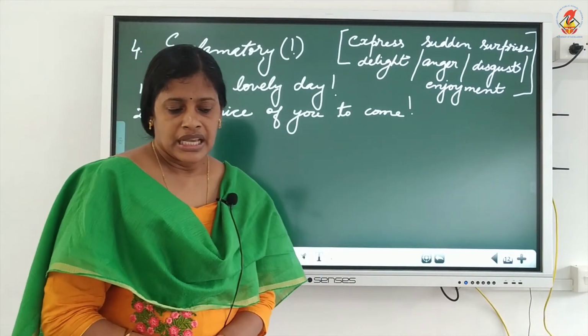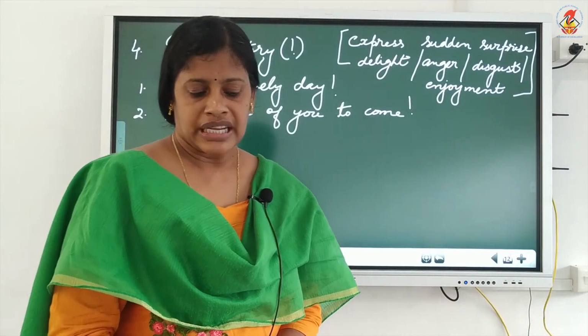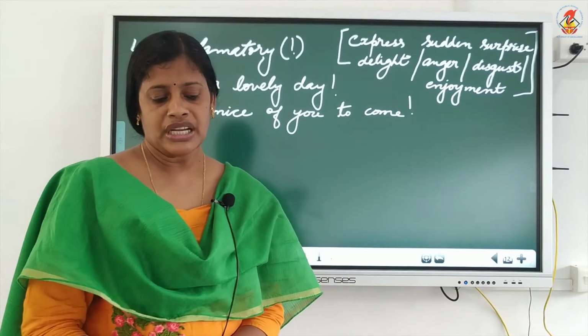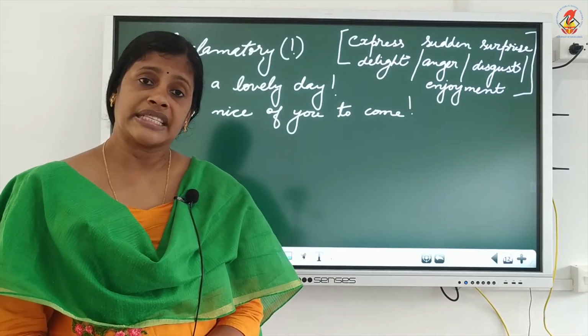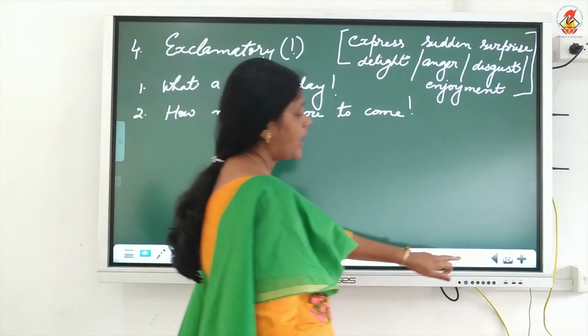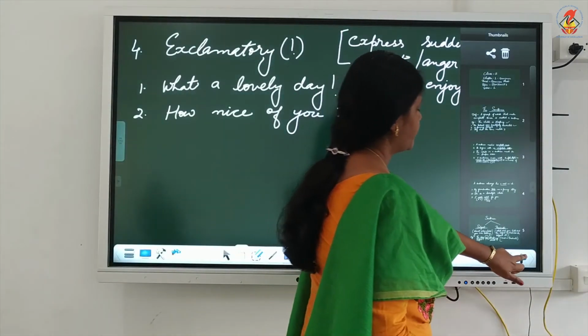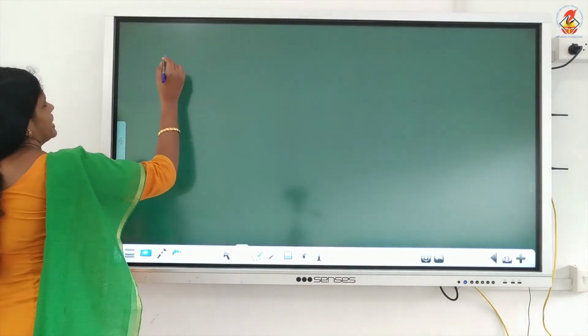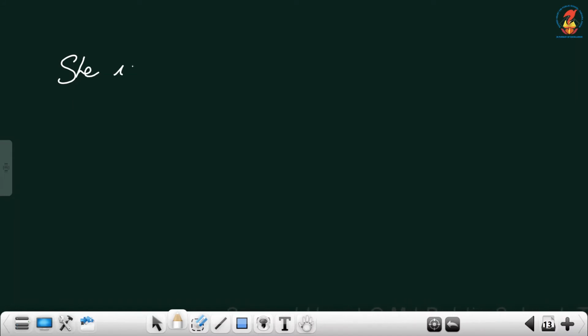Now, these are the 4 types of sentences. The first one is assertive or declarative sentence. Second, imperative sentence. Third, interrogative sentence. And fourth is exclamatory sentence. Now, how will you convert a declarative sentence into an interrogative one? For example, she is coming. This is a normal declarative sentence, isn't it?